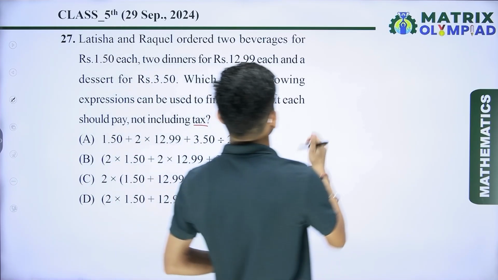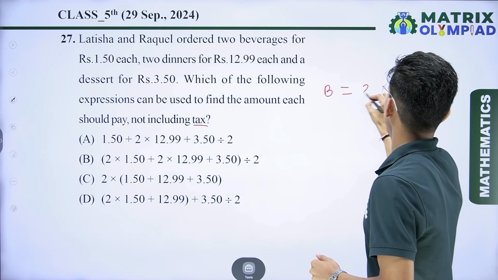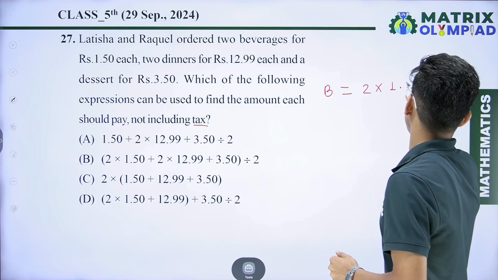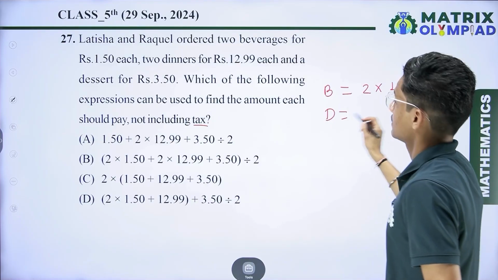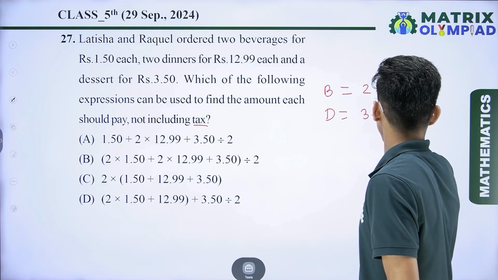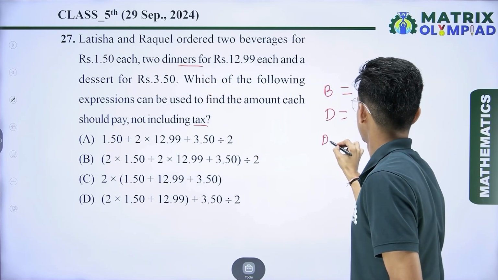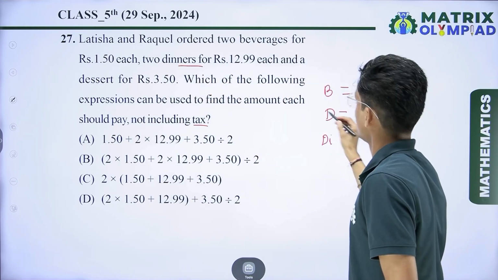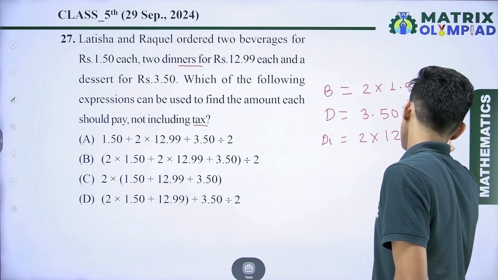So amount of beverages is equal to 2 multiplied by 1.50. Amount of dessert is equal to 3.50. Amount of dinner is equal to 2 multiplied by 12.99.